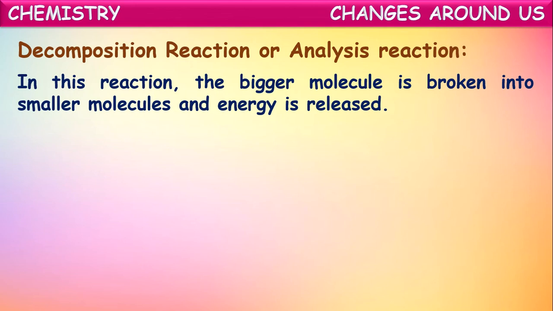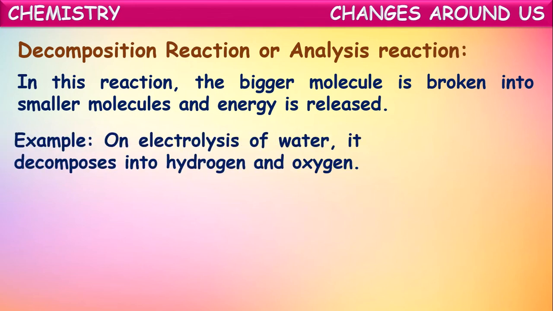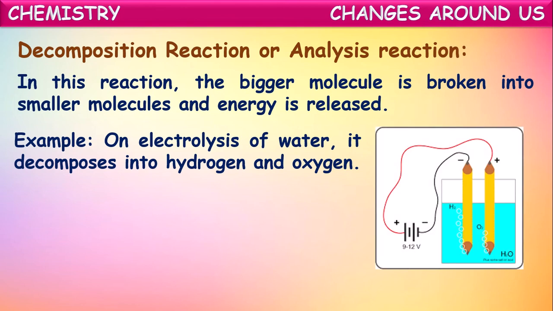Okay, and here in this reaction generally energy is released. For example, on electrolysis of water, it decomposes into hydrogen and oxygen. I think we have heard in the lower classes about electrolysis of water. What happens in that? We take water in a beaker or in a container.